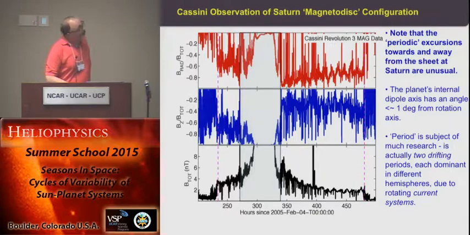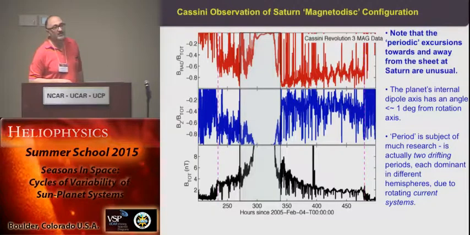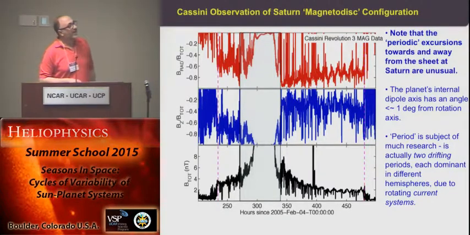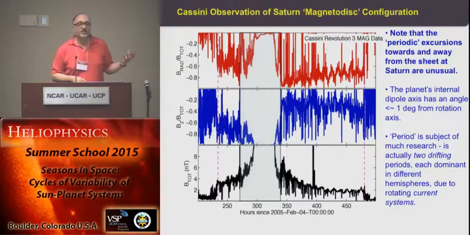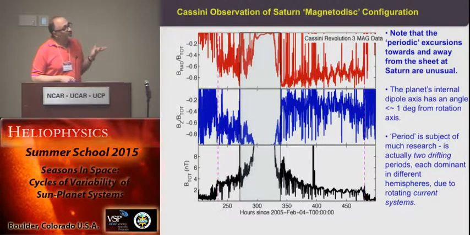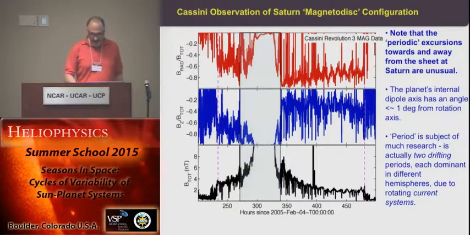Okay, so the period, as I mentioned, is the subject of much ongoing Saturn research, and recent observations from Cassini have shown that actually that periodicity consists of two distinct periods, each dominant in a different hemisphere of the planet. So it's quite a mysterious story, and we'll come back to that next week.